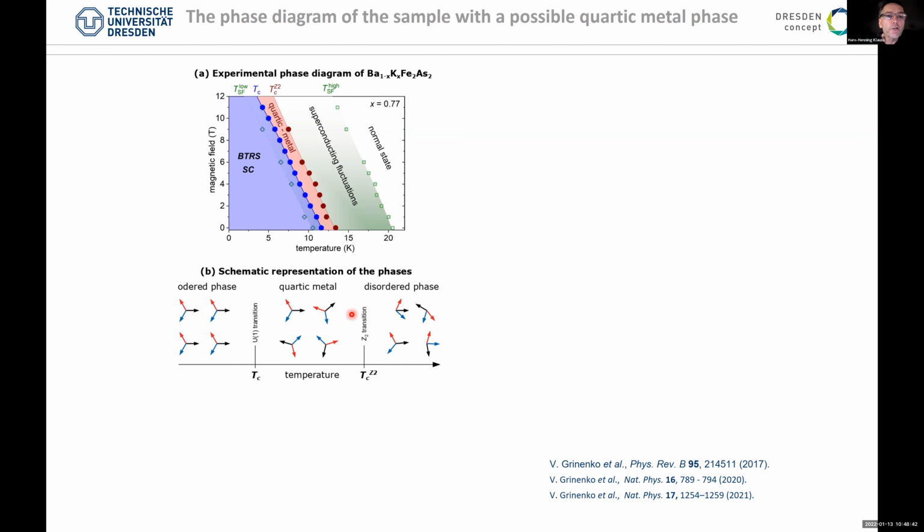Yeah, and the interpretation, why do we call it quartic metal? Basically, the model is that whereas in the superconductor, of course, we have the phase coherence, spatial phase coherence between the 3 different ordering vectors on the different Fermi surfaces. And in the quartic metal, we lost the superconducting coherence, which means we lost the phase coherence.